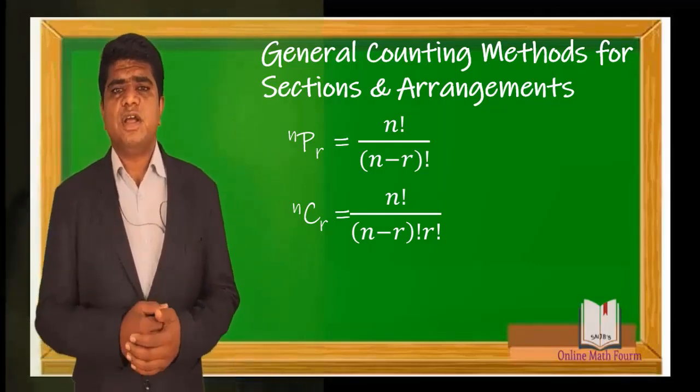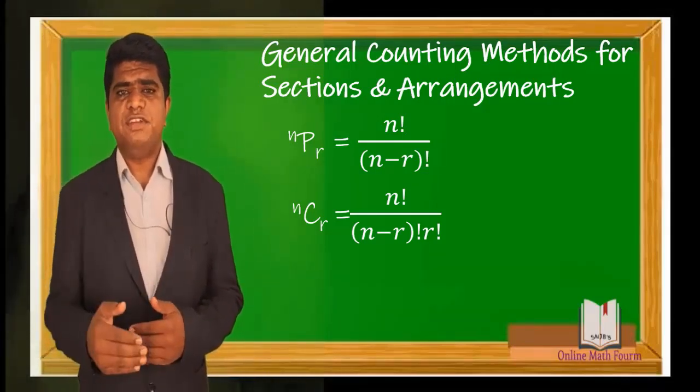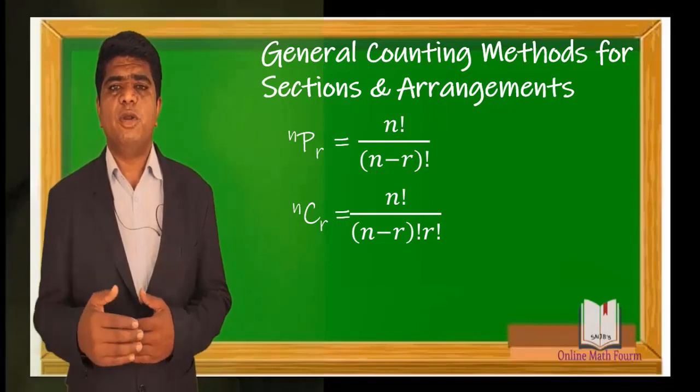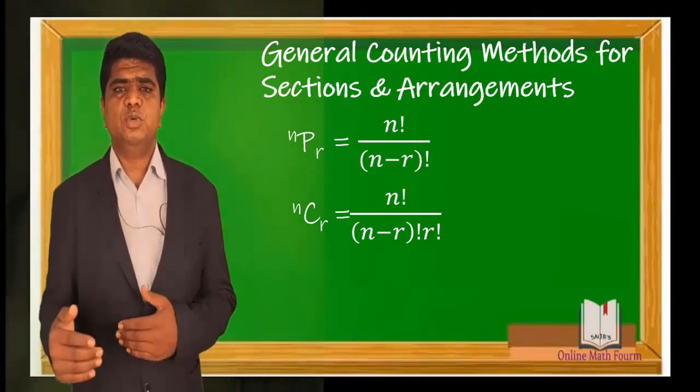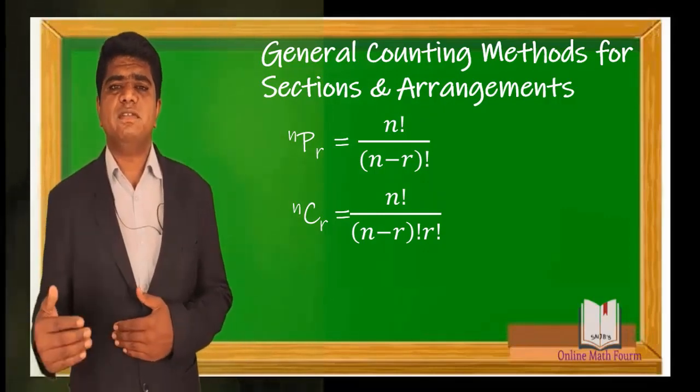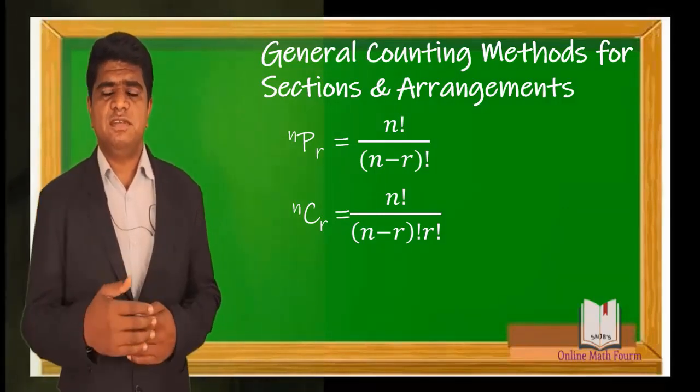Here, how to calculate this? When the arrangement or the order is important, we use the permutation formula, which is 3P2, 3 persons arranged in 2 places. The answer is 6.